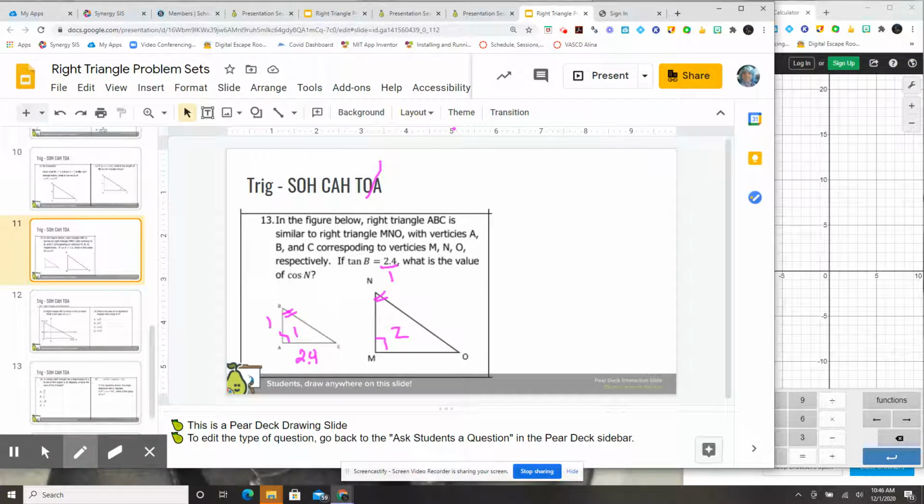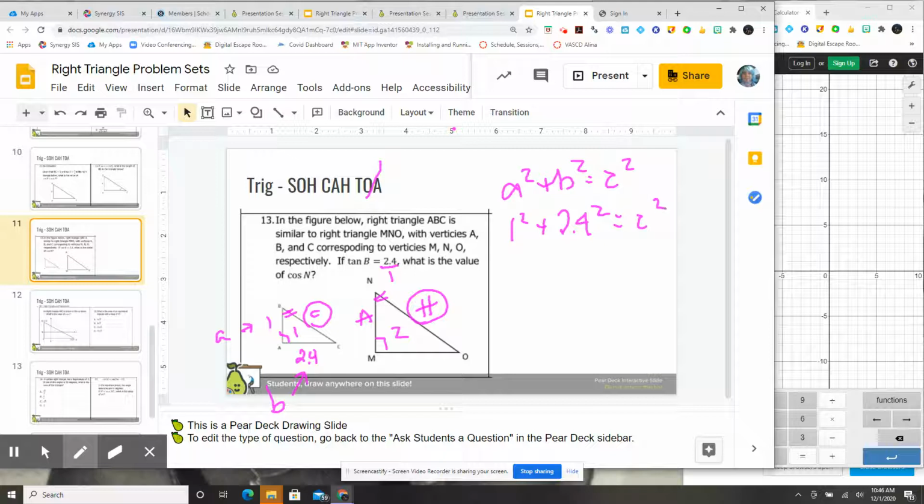So cosine is going to be adjacent and hypotenuse. So I need to find out that hypotenuse. Can I use the Pythagorean theorem there? A squared plus B squared equals C squared. This is my A. This is my B. And this hypotenuse is my C. So 1 squared plus 2.4 squared equals C squared.